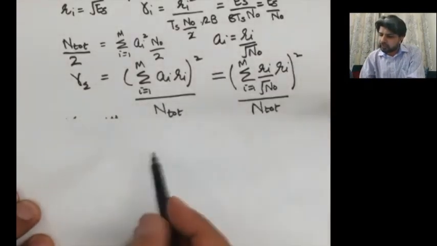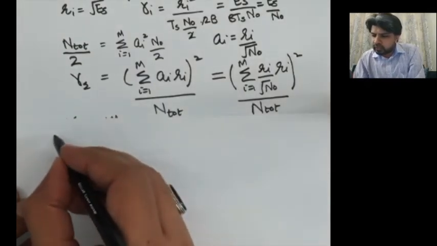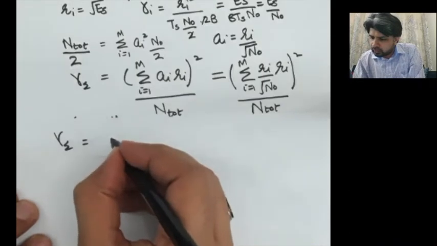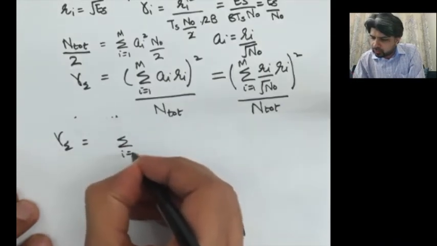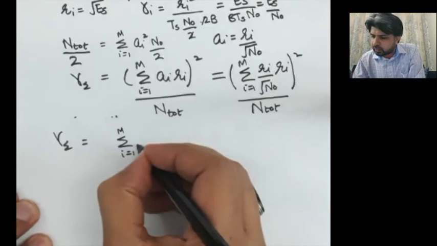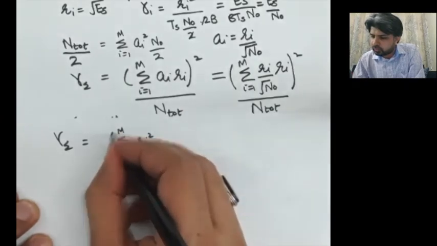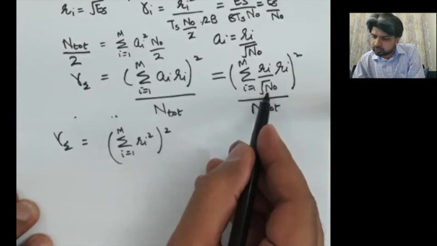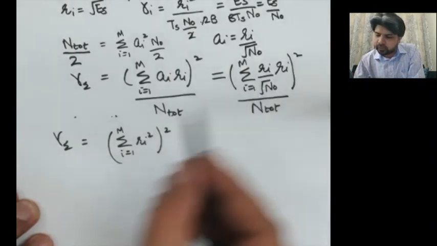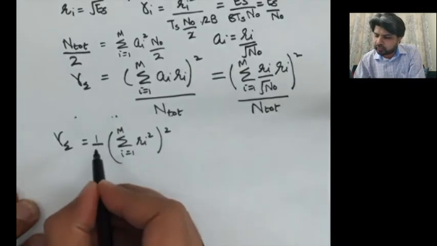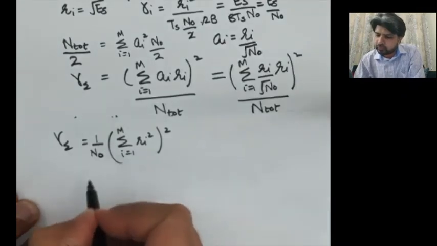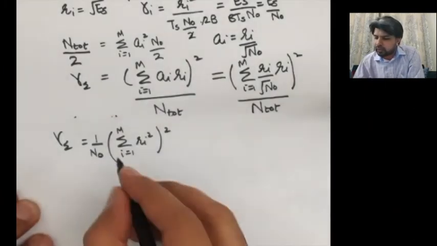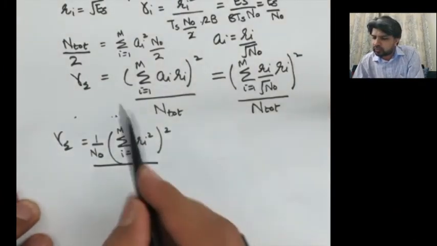So let's bring it down here. Gamma sigma is equal to the summation of R_i squared, whole squared, and this root N0 squared would be N0, which you can bring out of the summation because it is a constant and not a function of i, divided by N total, which is given here.